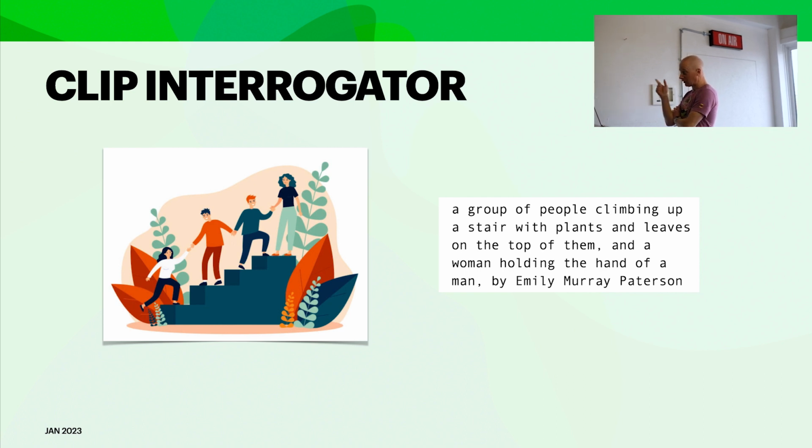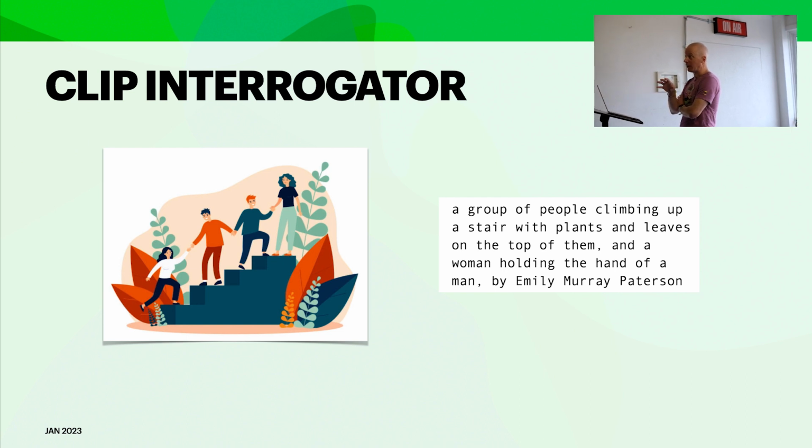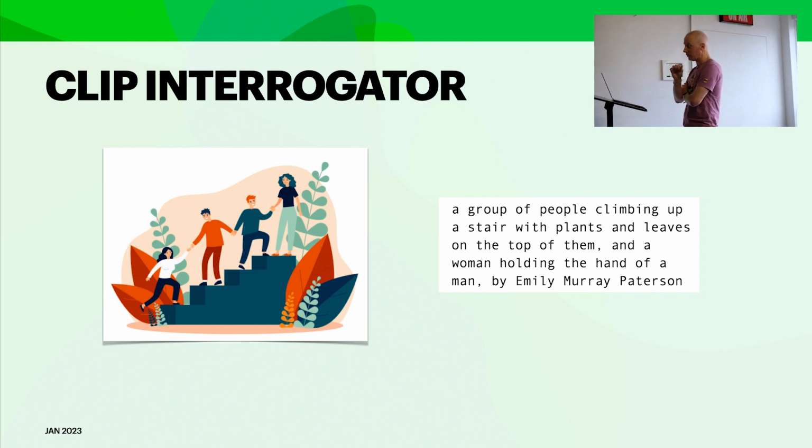This functionality actually uses another AI model that's built into Stable Diffusion called BLIP, and it's BLIP that's able to understand images and convert them into text.